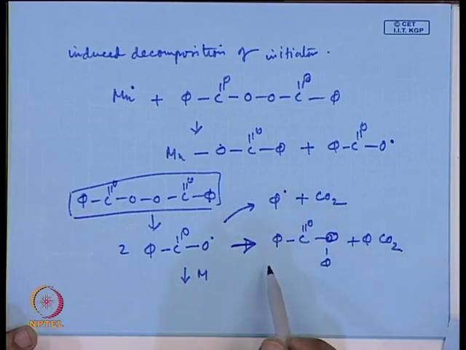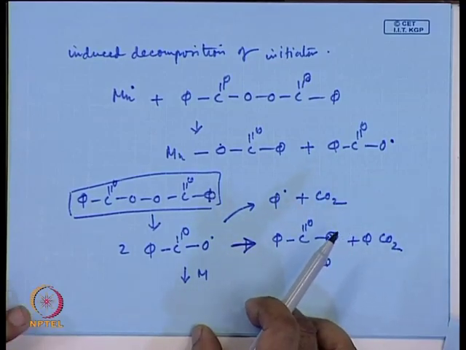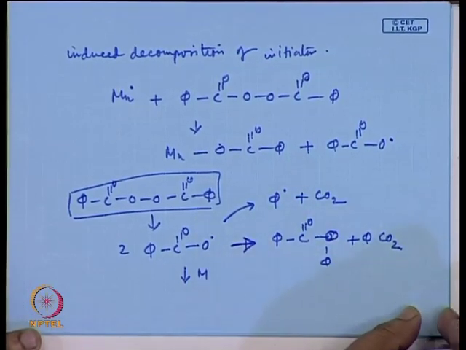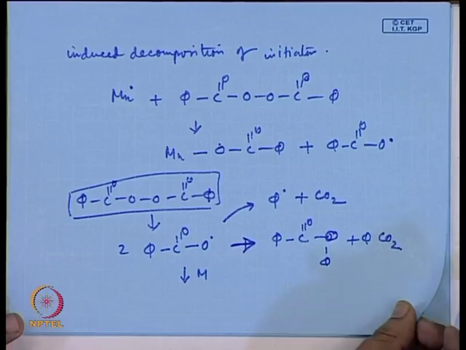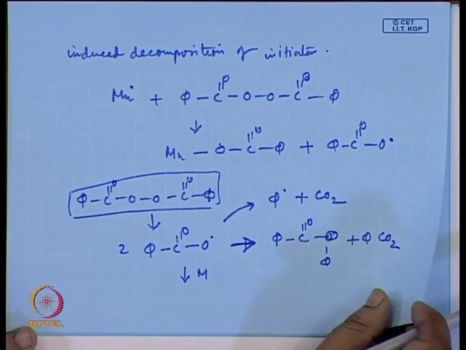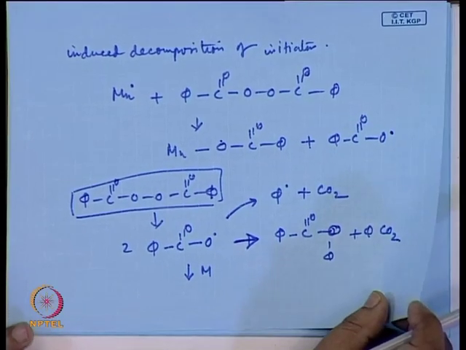So, that is the reason that not 100% initiator is efficient; only a part, like 30 to 80% of the radicals generated initially, actually initiate a polymerization reaction.